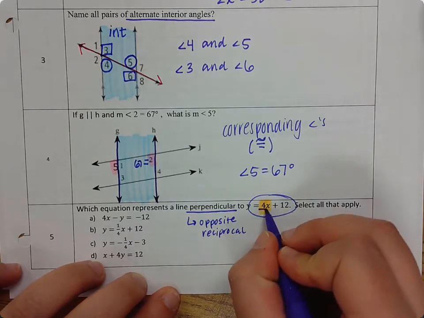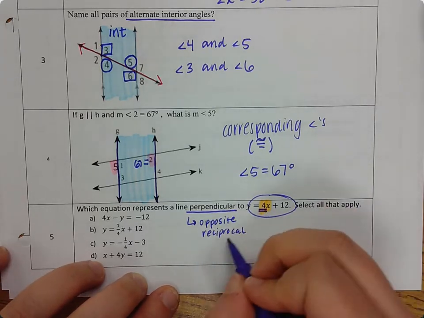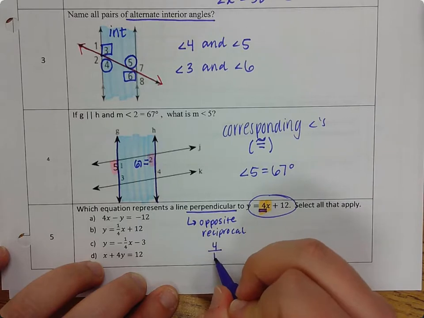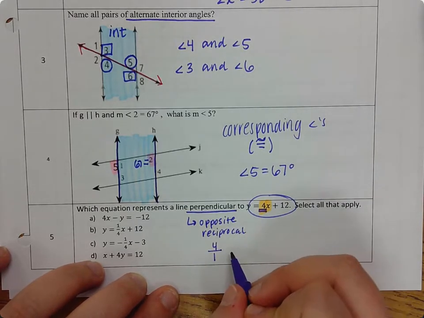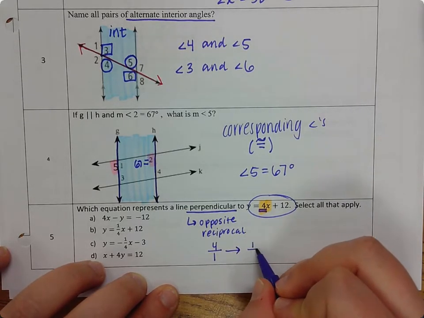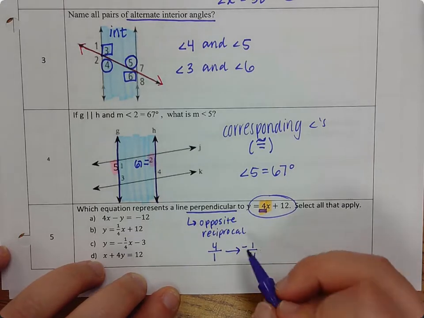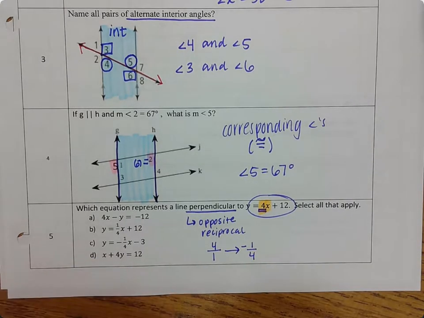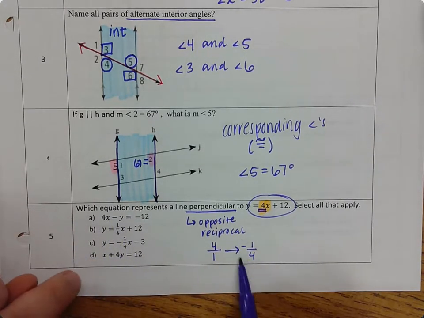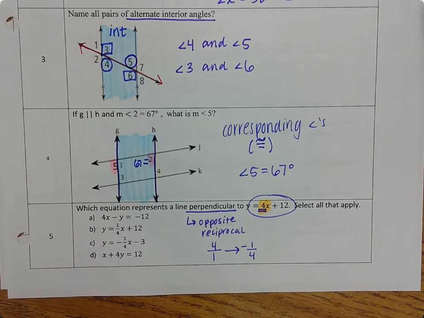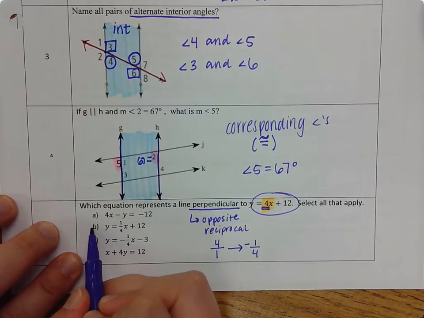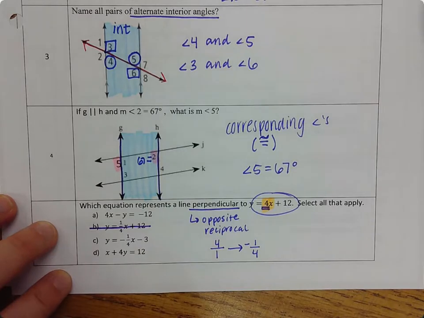So our slope of our line here is 4. But the opposite reciprocal tells me that I can turn it into a fraction, and I want to flip my fraction and reverse the sign. So I'm looking for equations over here that have a slope of negative 1/4. Well, this one here, B, has a slope of 1/4, so I'm going to cross it out.